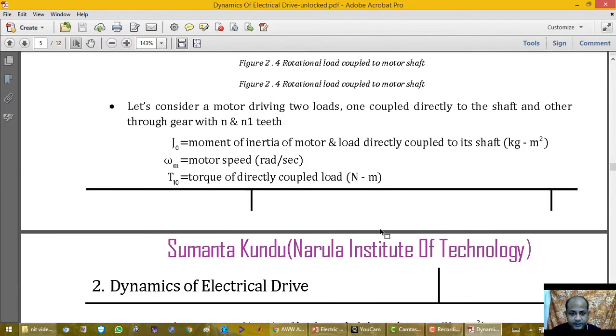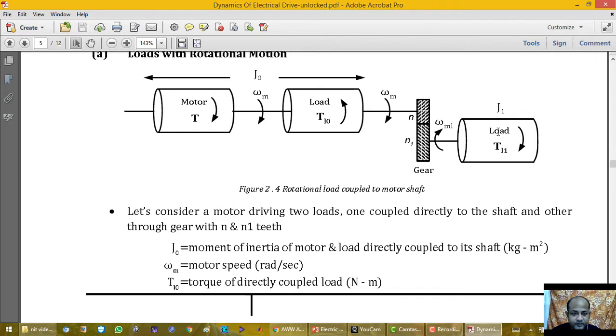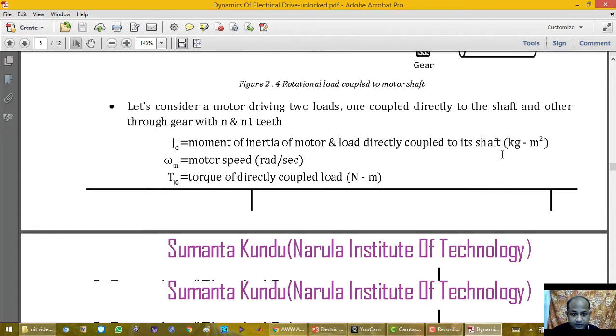If we see in the figure, what are my moving parts? These are my two moving parts. One is connected with a gear, and with another the load is connected directly to the shaft. So, what is the kinetic energy of this plus the kinetic energy of this? That should be equivalent to the kinetic energy of the equivalent system.